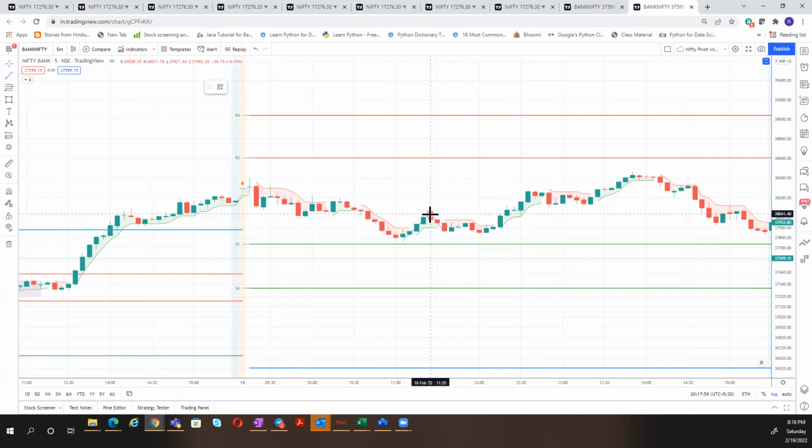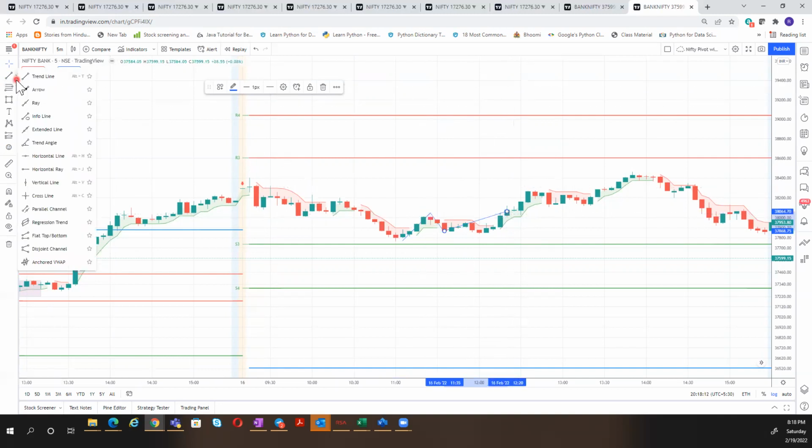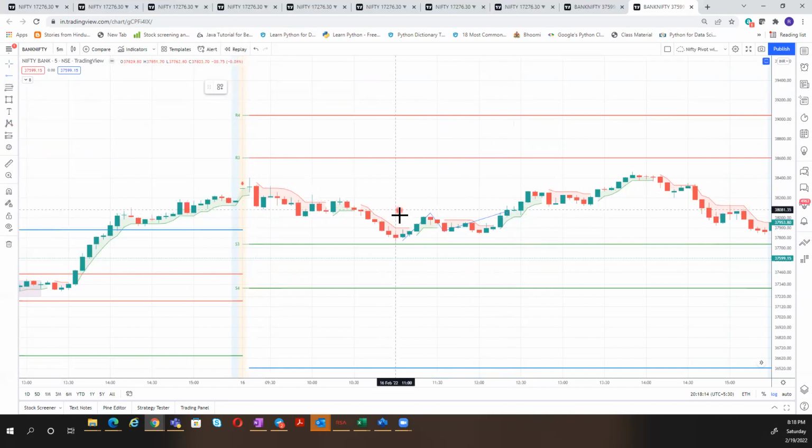This is one top, and this top is getting broken here. After this brief sideways move, you have a high probability of the market going higher, which is indicated by super trend. Price comes down, takes support, and you scalp points.